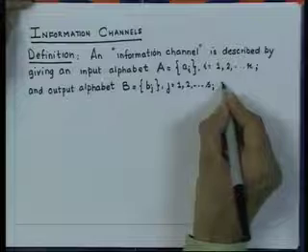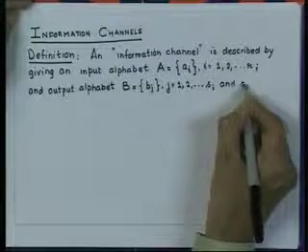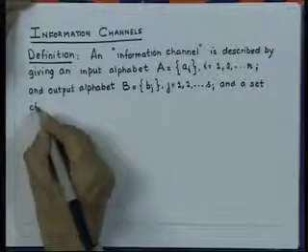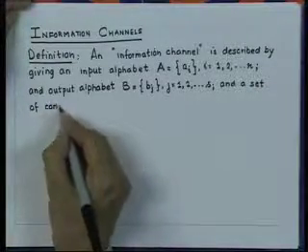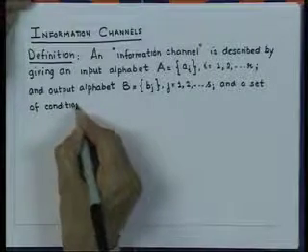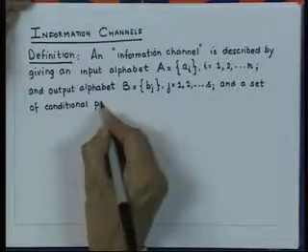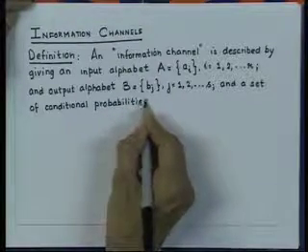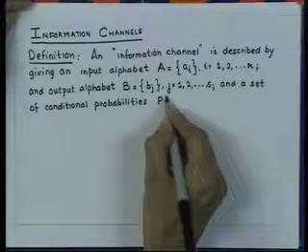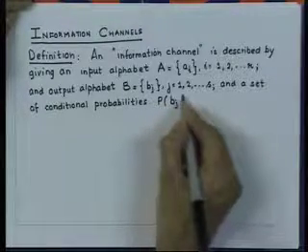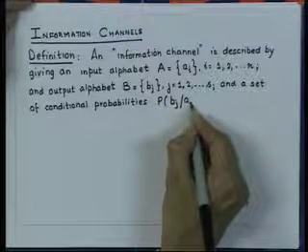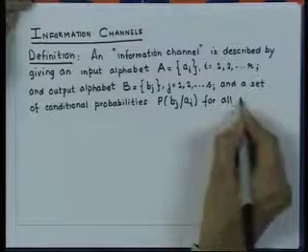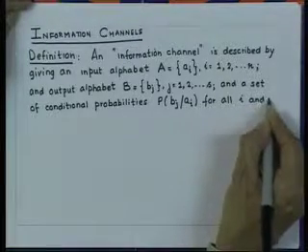alphabets, we have a set of conditional probabilities associated, given by probability of B_j given A_i for all i and j.